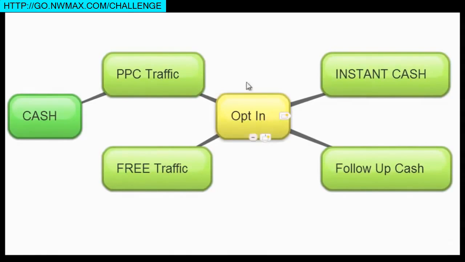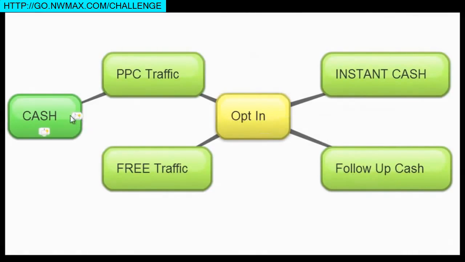So this is where you're building up your list of subscribers, and then you're going to make money off of an instant offer after subscribers opt in, and you're also going to make money off of the follow-up emails from the people that decide to opt in.